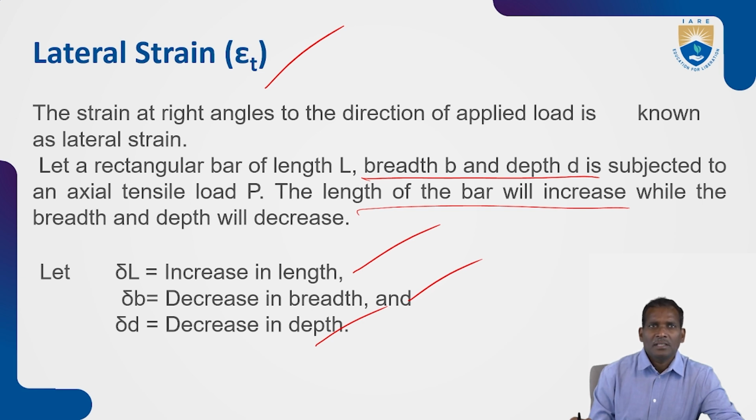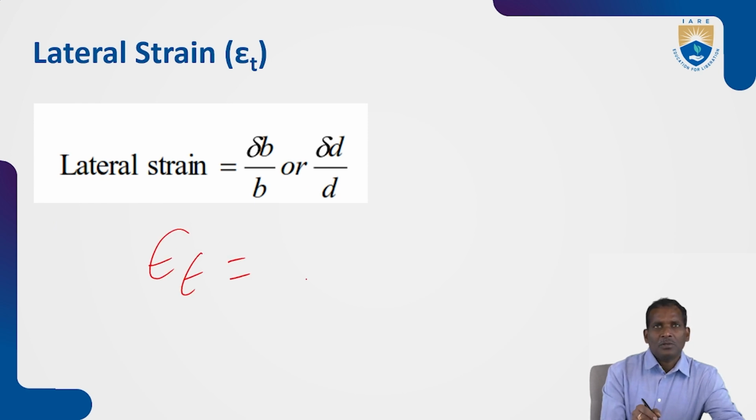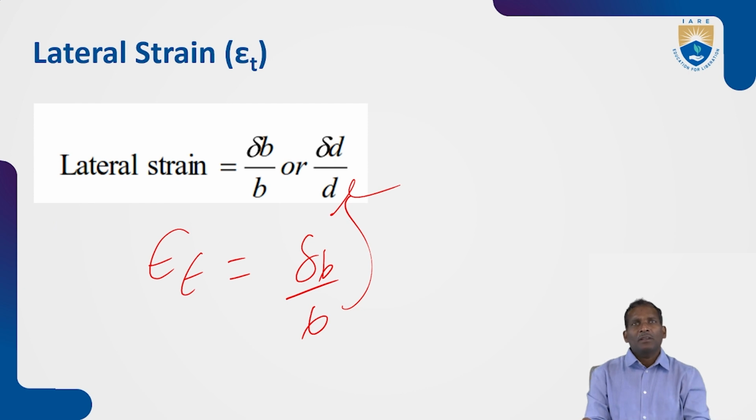Now calculate the lateral strain. Lateral strain epsilon T is equal to delta B by B, or delta D by D, that is, the change in breadth or diameter by the original breadth or diameter.